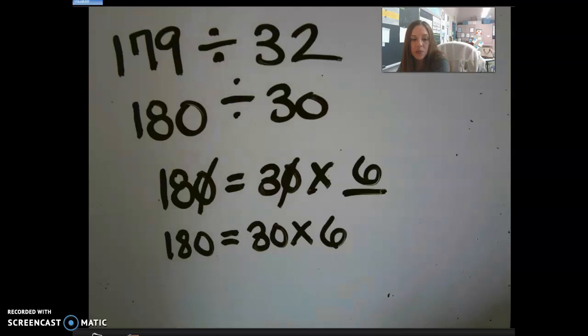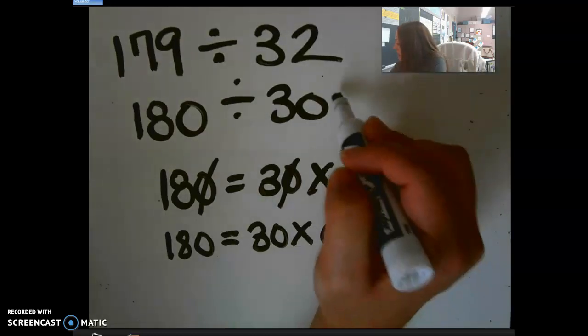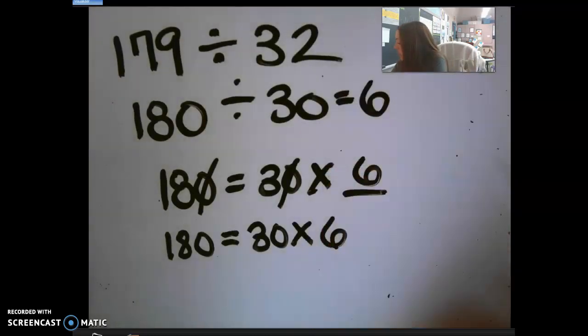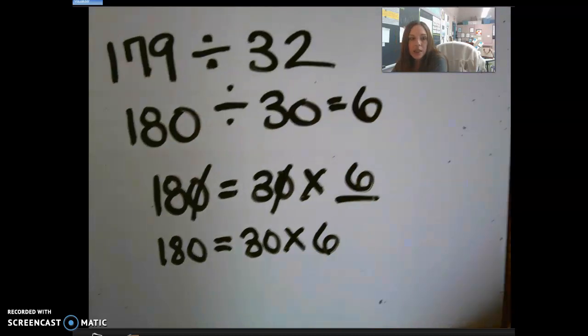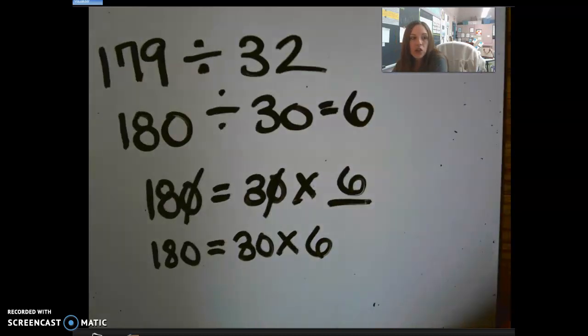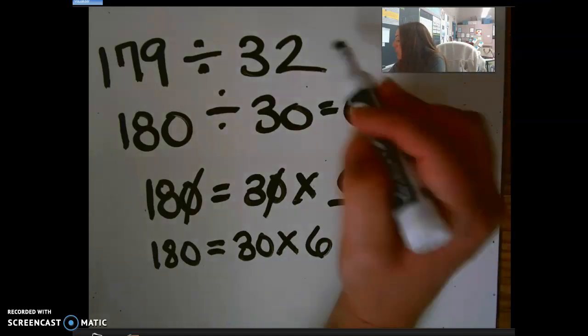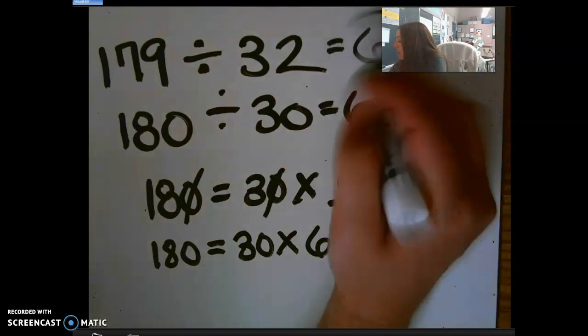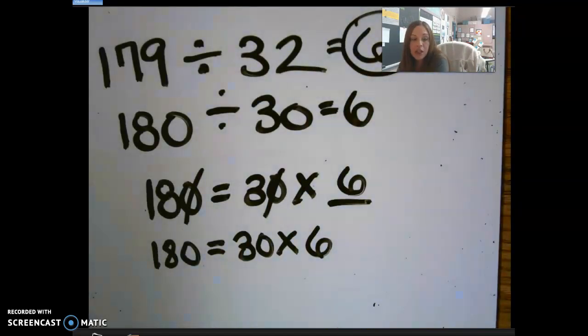So 180 is equal to 30 times 6, or 180 divided by 30 is equal to 6. So when I divide 179 divided by 32, my quotient should be very close to 6.